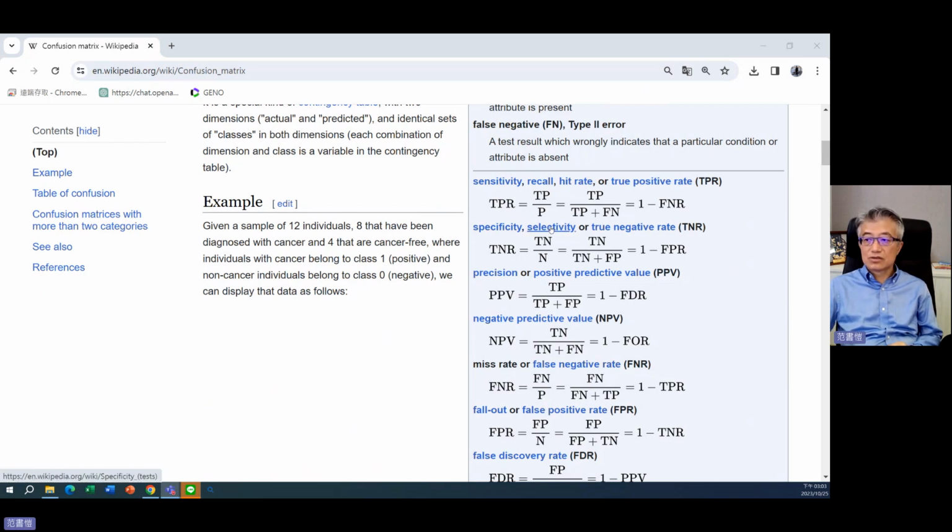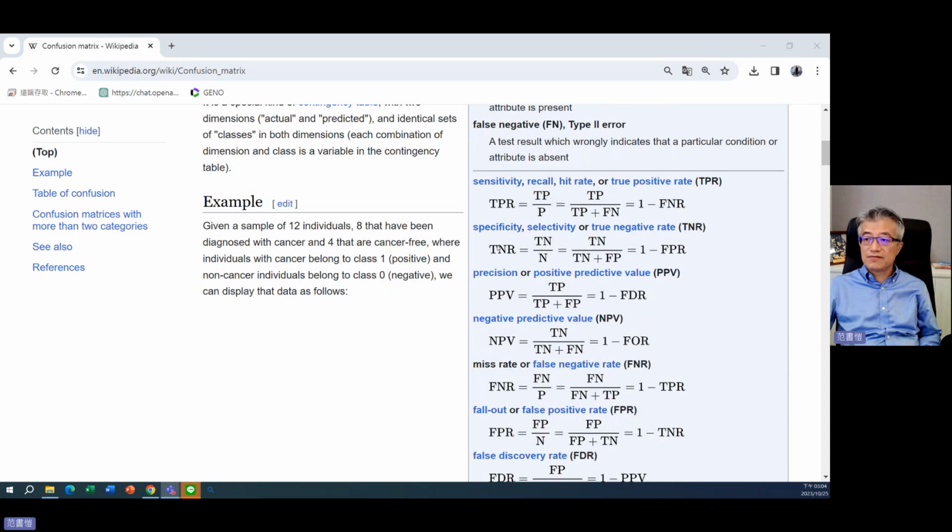The numerator refers to the number of instances predicted as true positive. That is also equal to 1 minus the false negative rate.